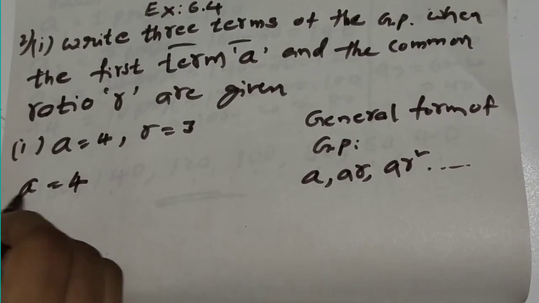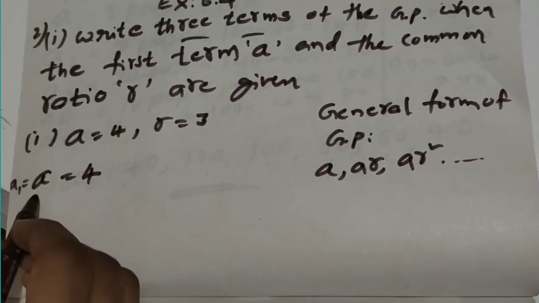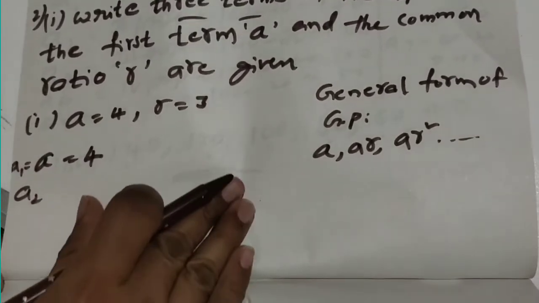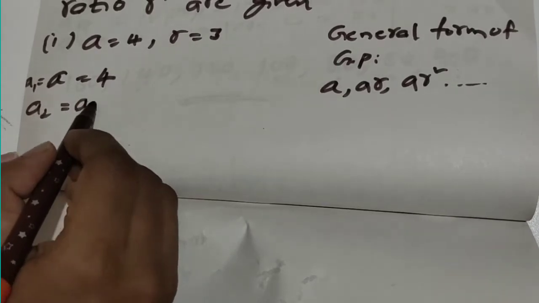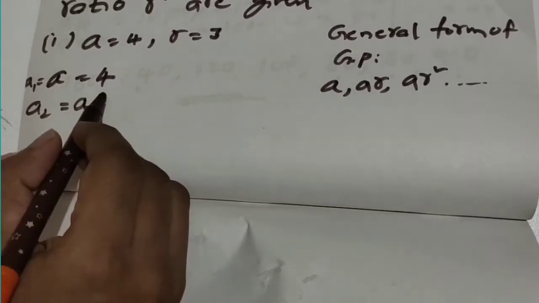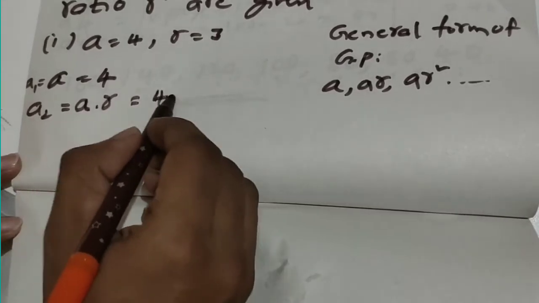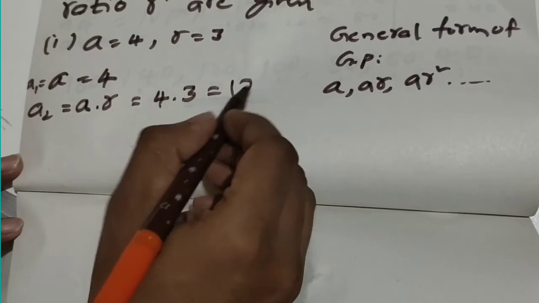Then the second term A2 is equal to, simply we have to multiply the common ratio to this previous term, that is A into R. That is 4 into 3. A value 4, R value 3. 4 into 3, 12.